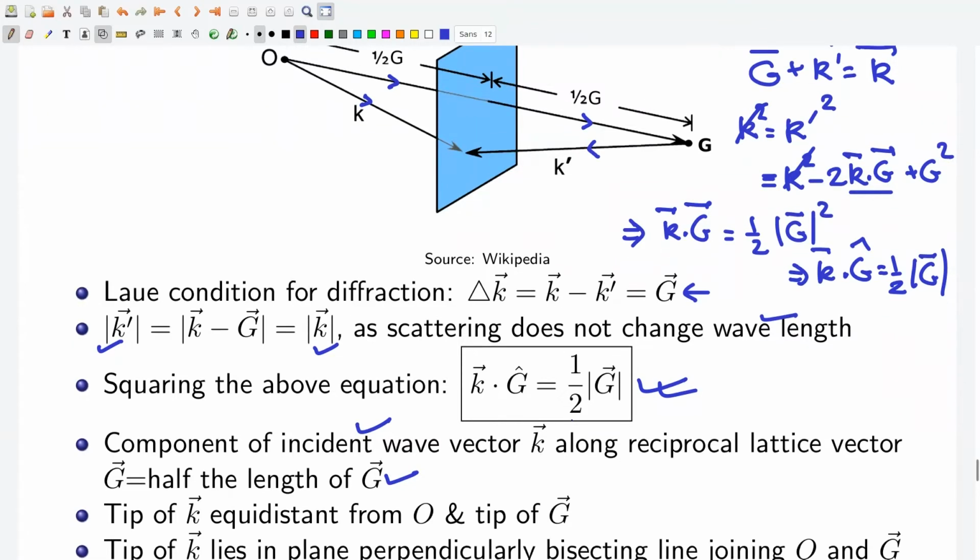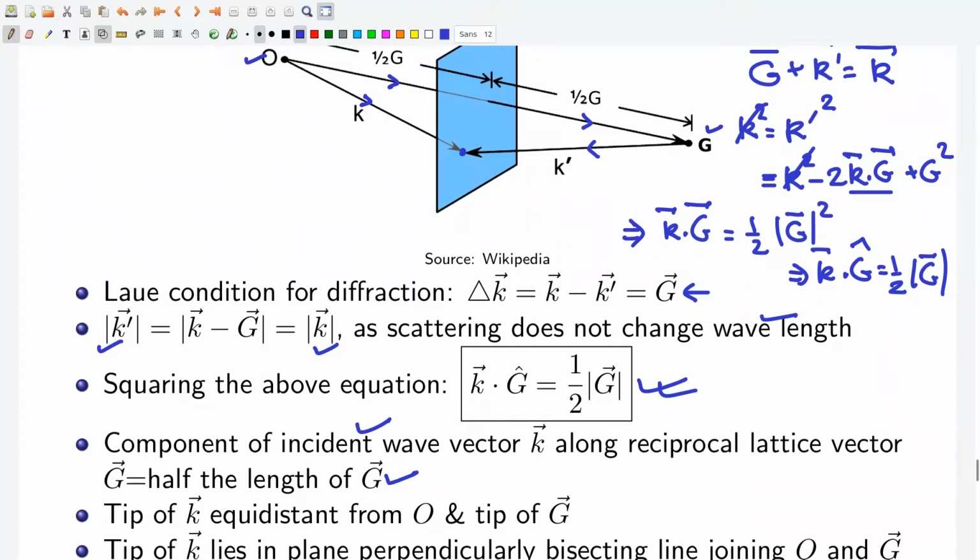And then if you look at this diagram carefully, you see that the tip of k is equidistant from O and the tip of G. This is the tip of k, and this is the O point, some point in reciprocal space, and this is the G point.